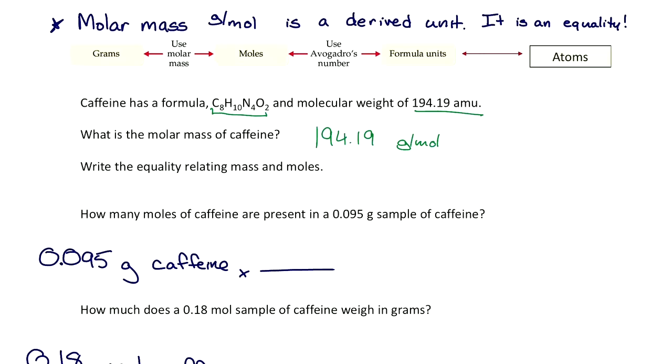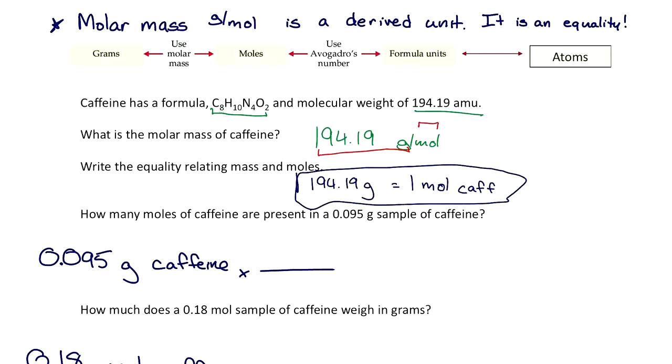Remember how we do this: you take the number and the top unit, and you set it equal to the bottom unit with an implied 1. That's how all derived units work. So I can write an equality that says, if I have 1 mole of caffeine, I'm just going to call it CAF, equals 194.19 grams.